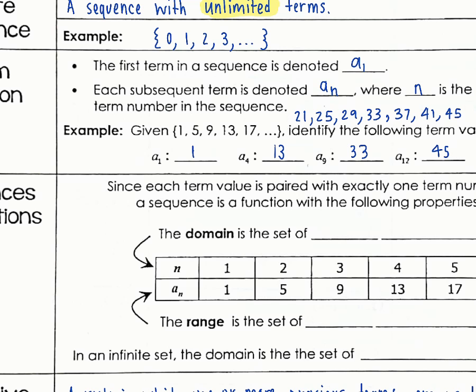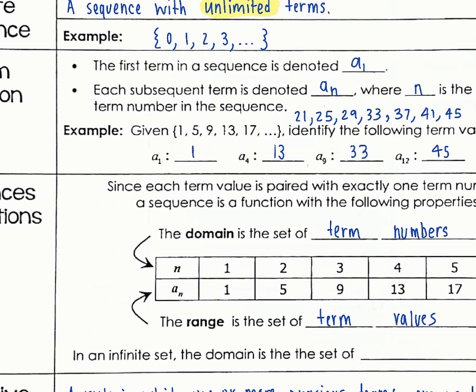So your input, your x, your domain, your n, is going to be the set of your term numbers. And the range is always going to be the set of your term values.